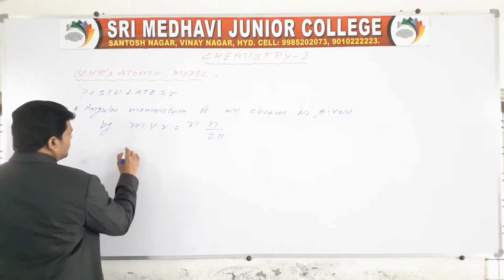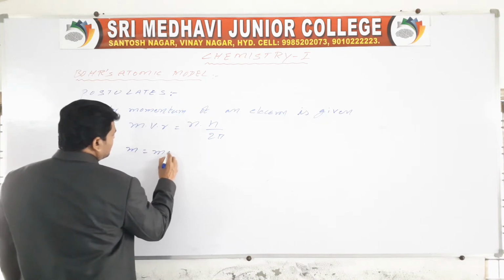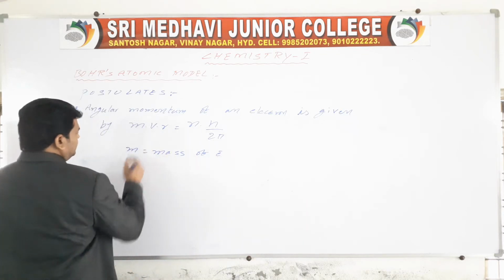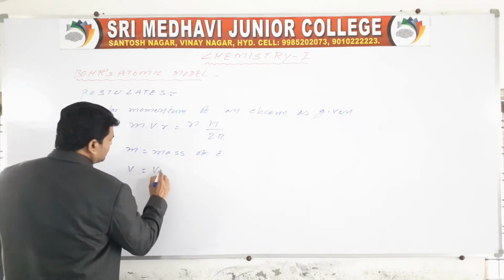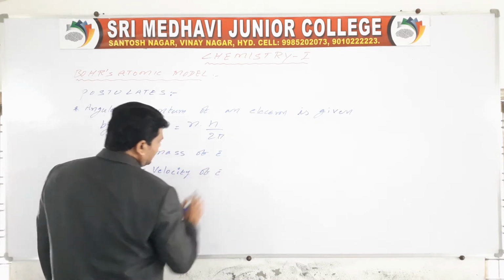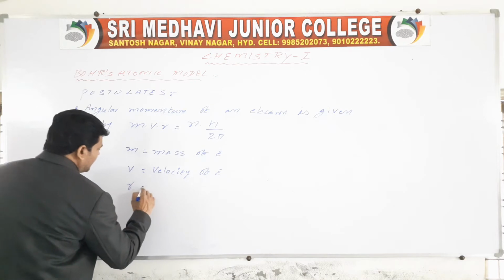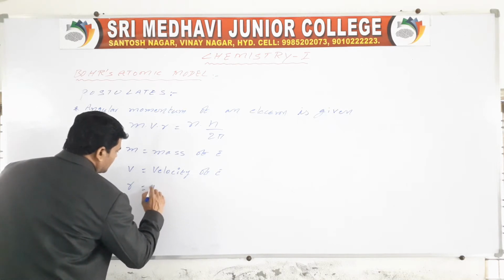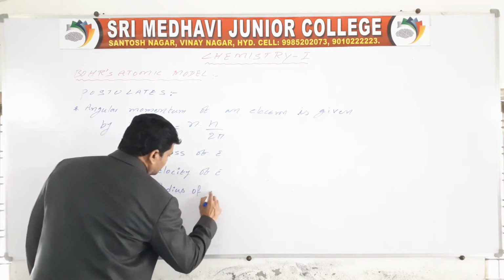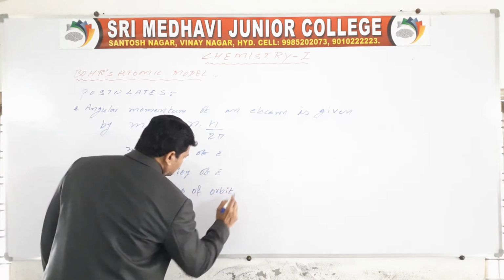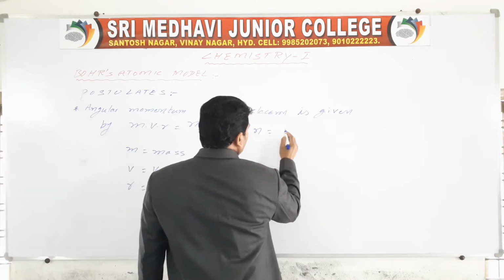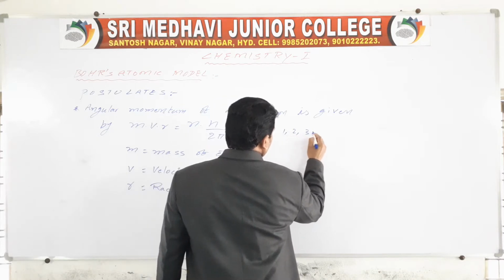Here you have to know: m equal to mass of electron, v equal to velocity of electron, r equal to radius of orbit, n equal to 1, 2, 3 and so on.